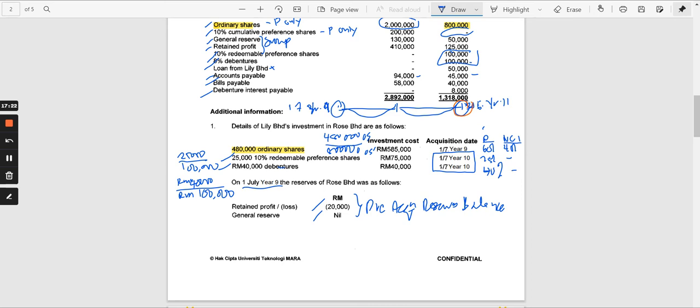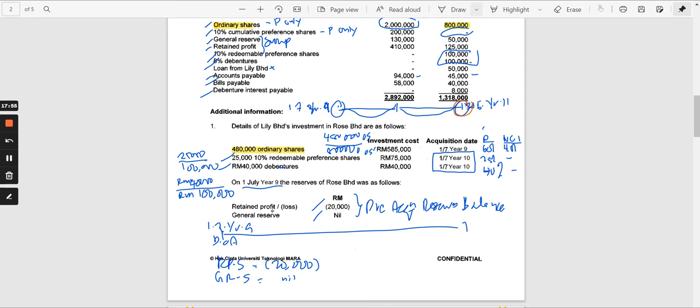It's better to show this. The retained profit of the subsidiary on the date of acquisition is 20, which is a loss. The general reserve of the subsidiary is nil. So that is the date of acquisition, 1st of July, year 9.